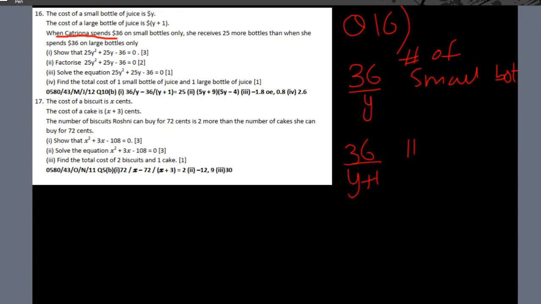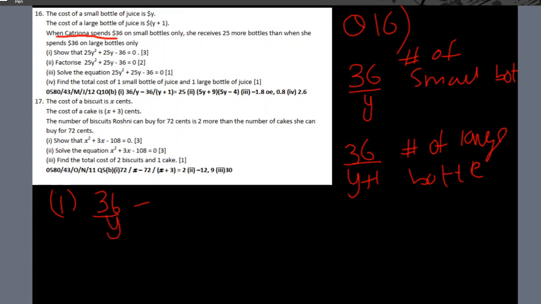This is the number of large bottles. And what is their difference? Their difference is 25. So we'll make the equation for part 1: 36 over y minus 36 over y plus 1 equals 25.